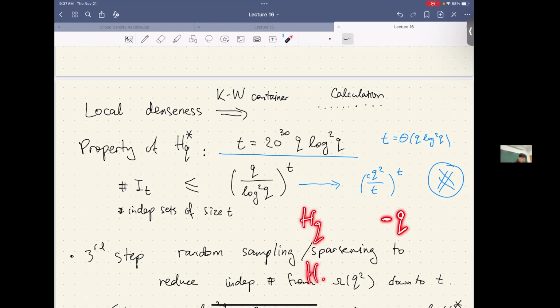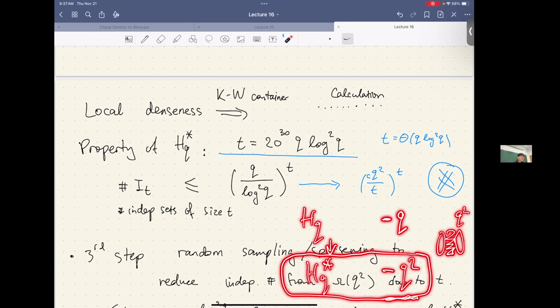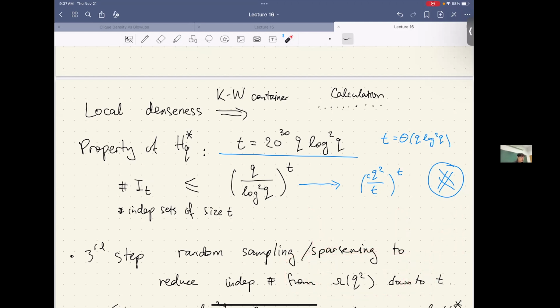But when we pass to H_Q star, the minimum eigenvalue becomes at most negative Q squared because of this complete bipartite graph of order Q squared, by Cauchy interlacing. So this eigenvalue is not good enough for us to apply this spectral method.